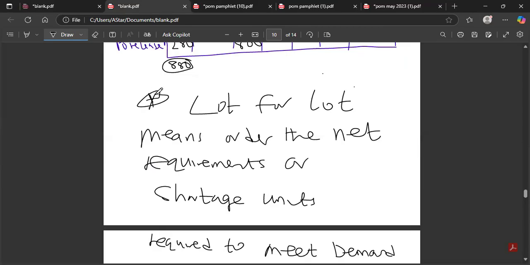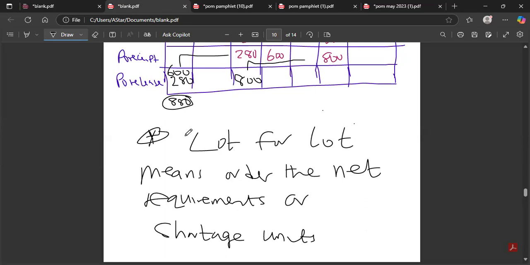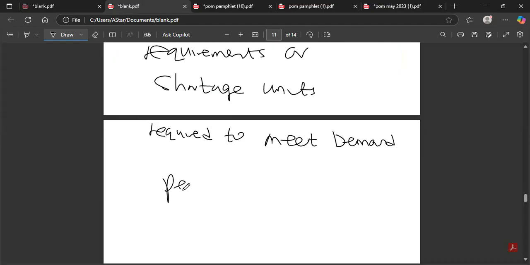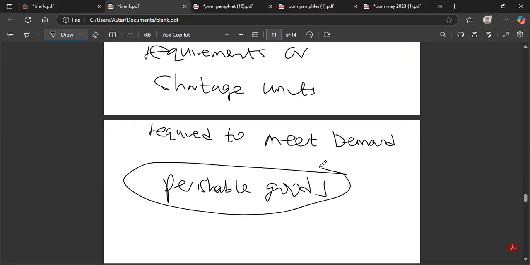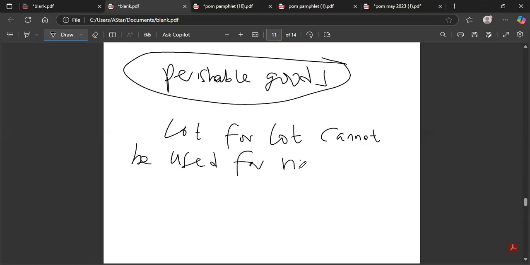So this is what we have. Is that okay with you? This one is used for perishable goods, so lot for lot cannot be used for non-perishable goods.